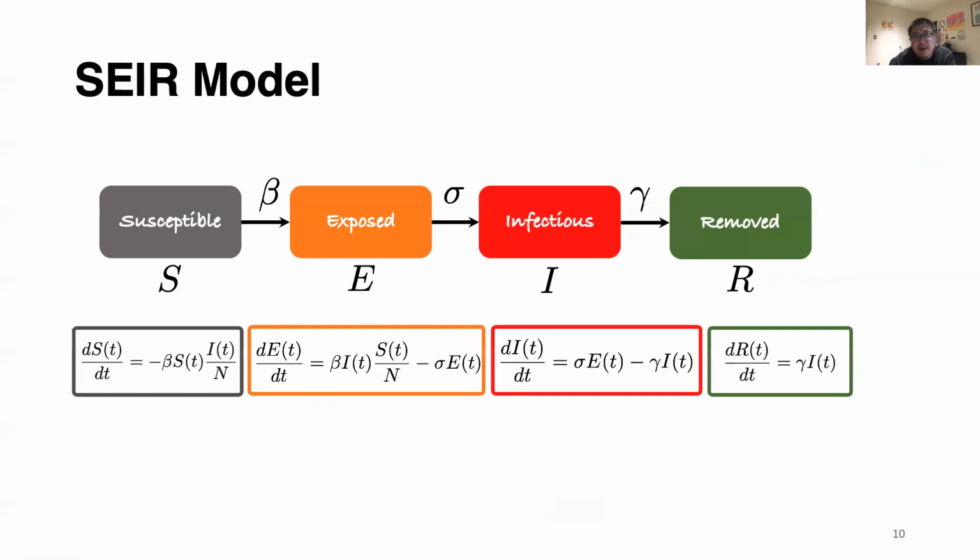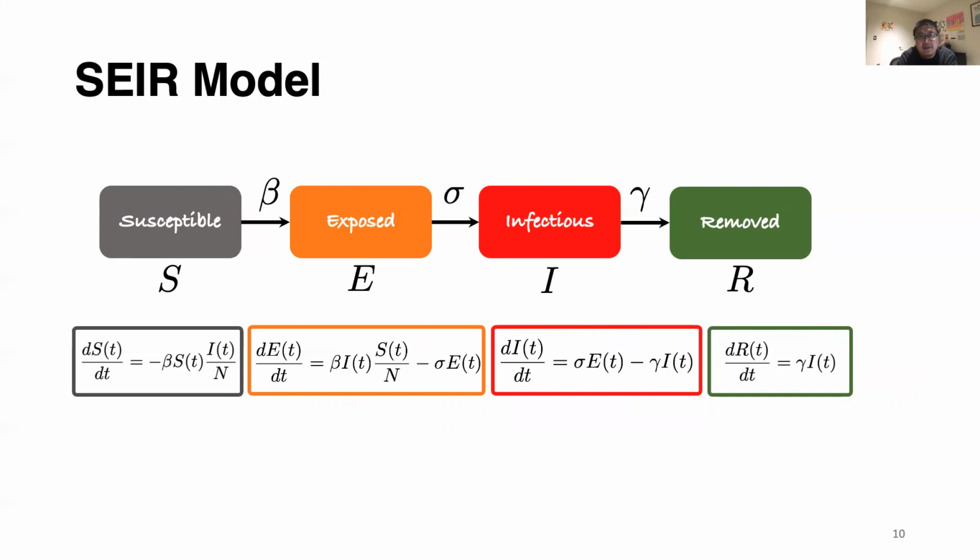And another popular epidemiology compartment model is called the SEIR model, where another compartment, called exposed, is introduced to account for the fact that a lot of infectious diseases like COVID-19 have a certain incubation period.